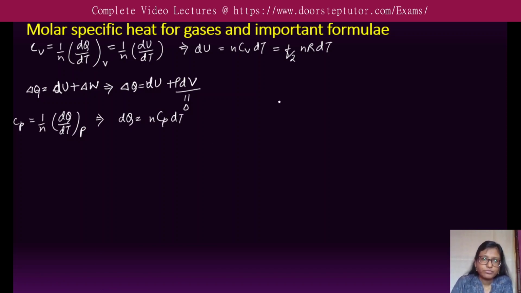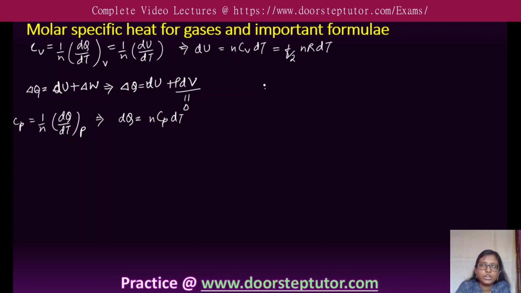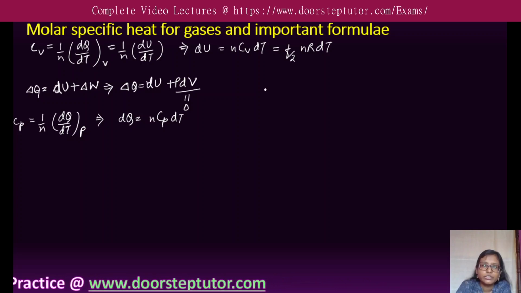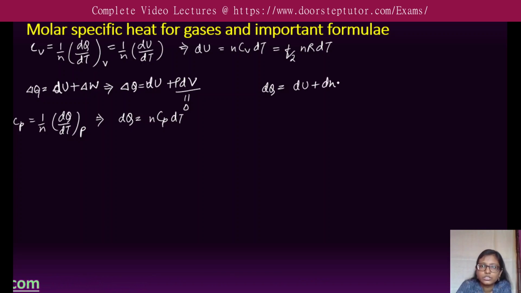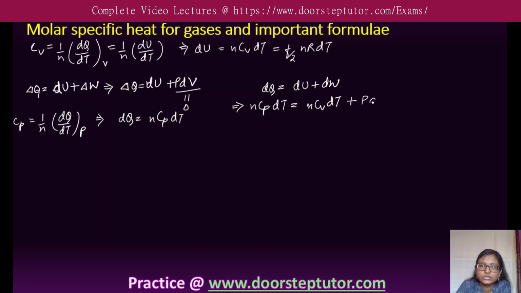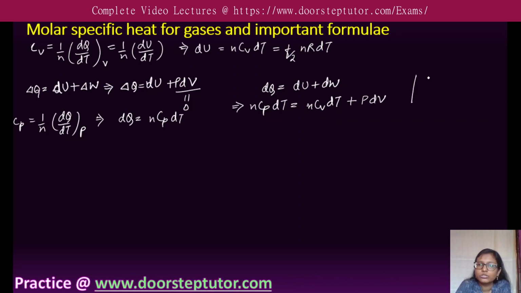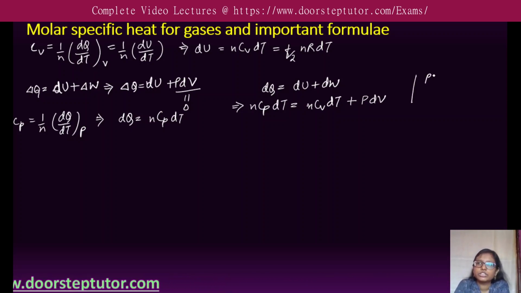Now from the first law of thermodynamics we can write that nCp dT is equal to nCv dT plus PdV. Now the ideal gas equation is PV equals nRT.